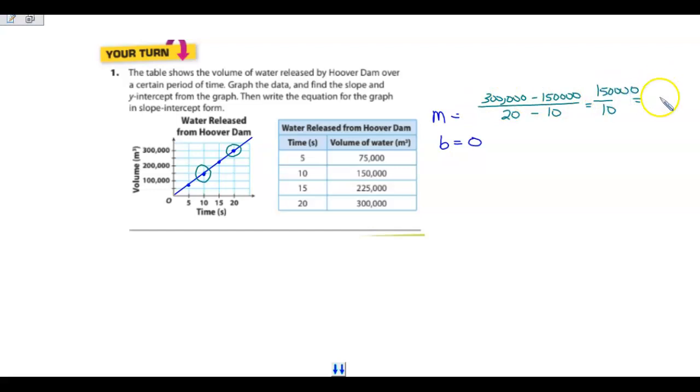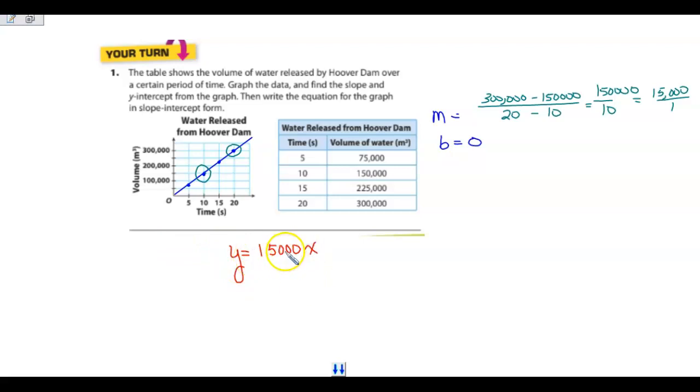And we can simplify that down to 15,000 per second. So our slope is 15,000. So knowing that our slope is 15,000 and we have no y-intercept, my equation is going to be 15,000x.